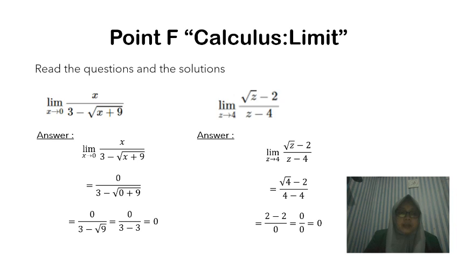The answer, substitution x to 0. So 0 over 3 minus root of 0 plus 9 equals 0 over 3 minus root of 9 equals 0 over 3 minus 3 equals 0 over 0 equals 0.